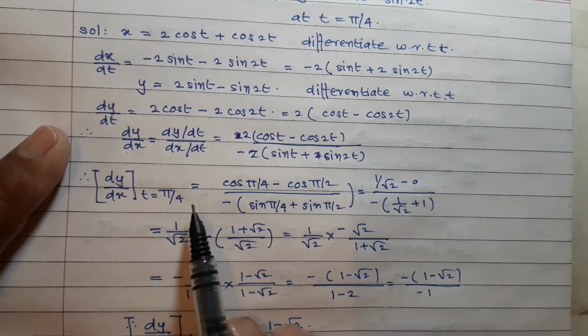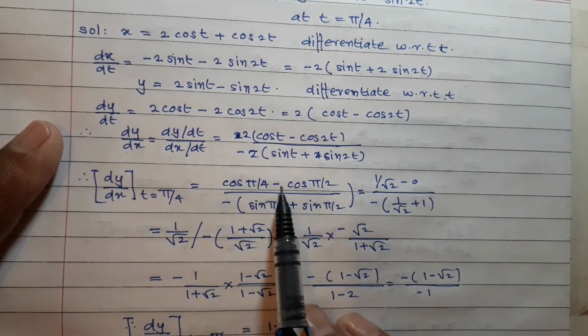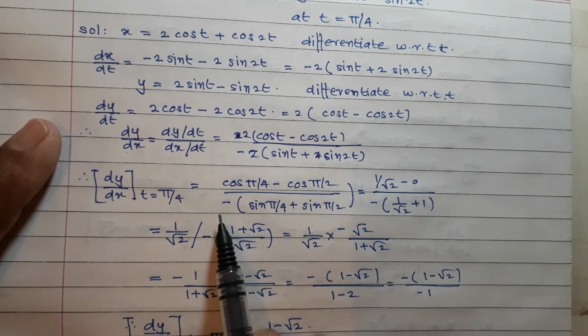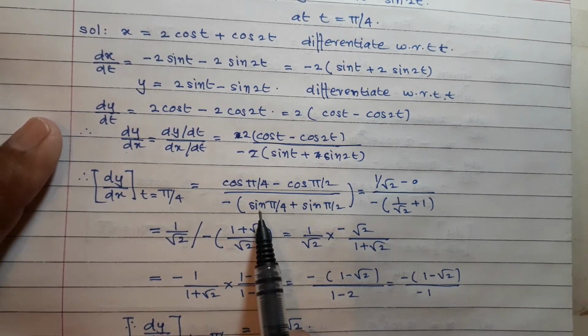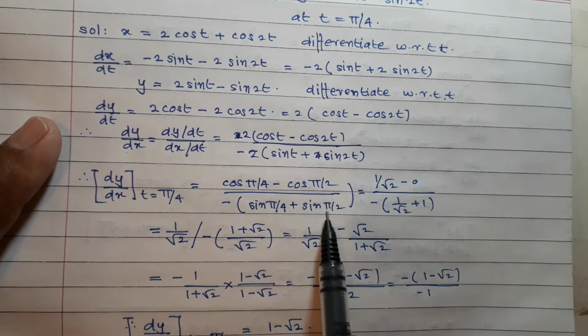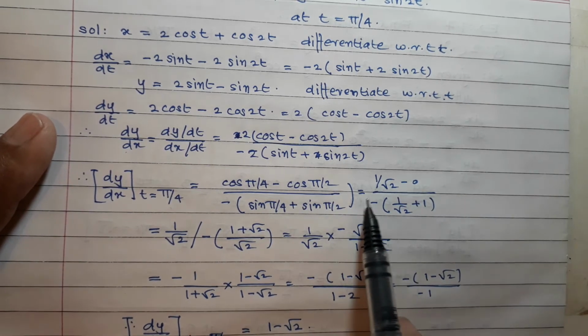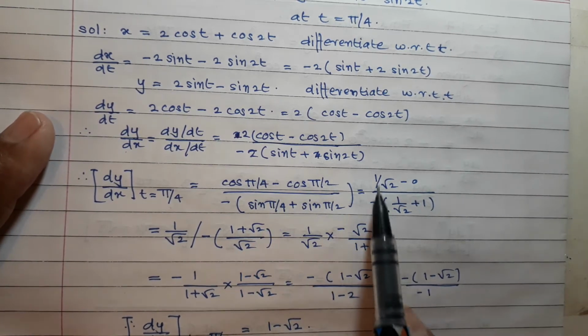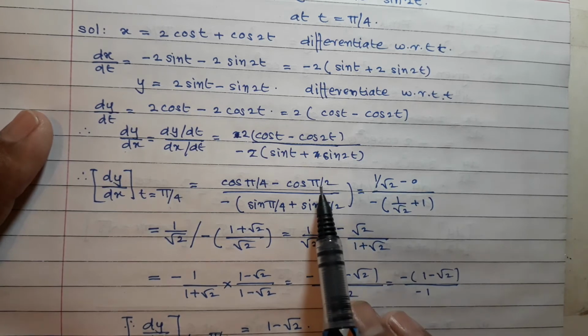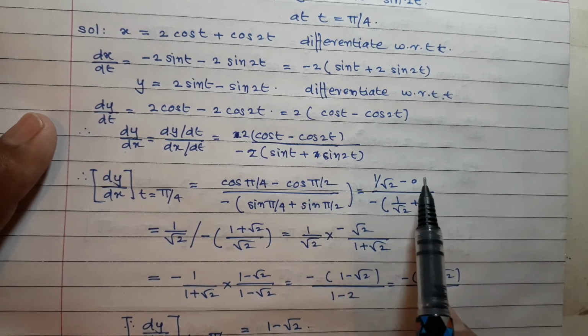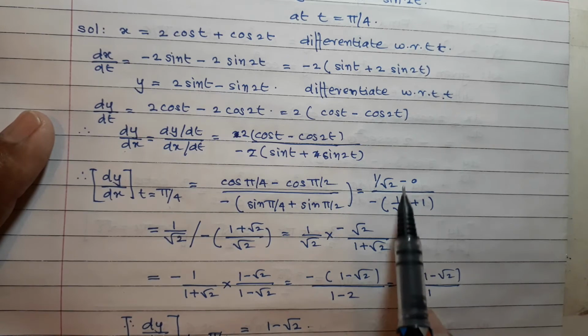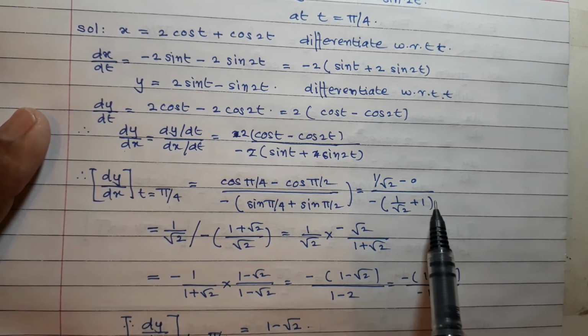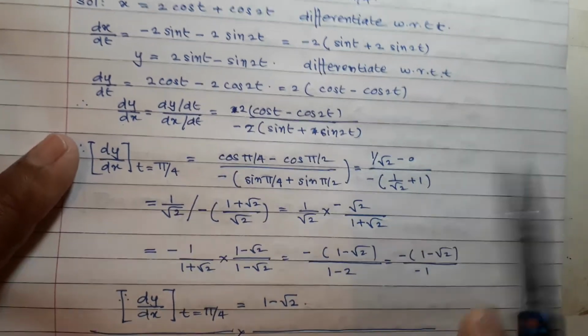For t you substitute pi by 4: cos pi by 4 minus cos pi by 2, upon minus into bracket sin pi by 4 plus sin pi by 2. So cos pi by 4 is equal to 1 upon root 2, minus cos pi by 2 which is 0, upon minus into bracket 1 upon root 2 plus 1, and this you simplify.